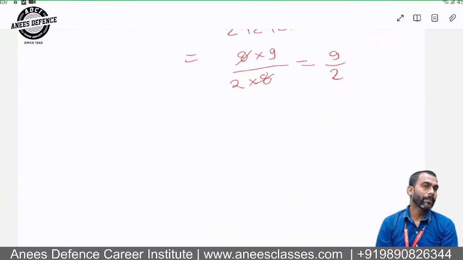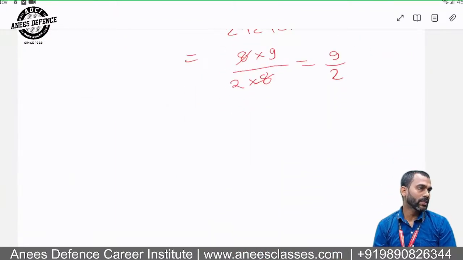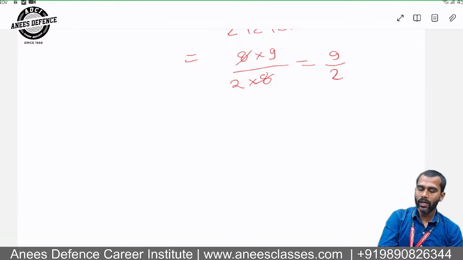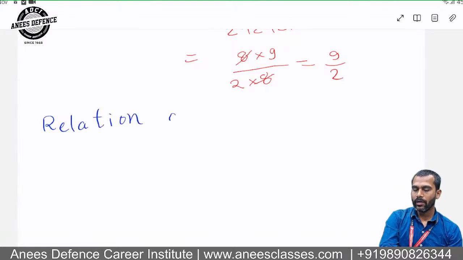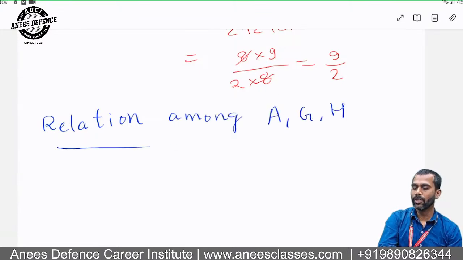So done with HM. AM we have covered, GM we have covered, and we have covered HM. Just write down one relation among A, G, and H. So two things you need to remember. First one, tell me.